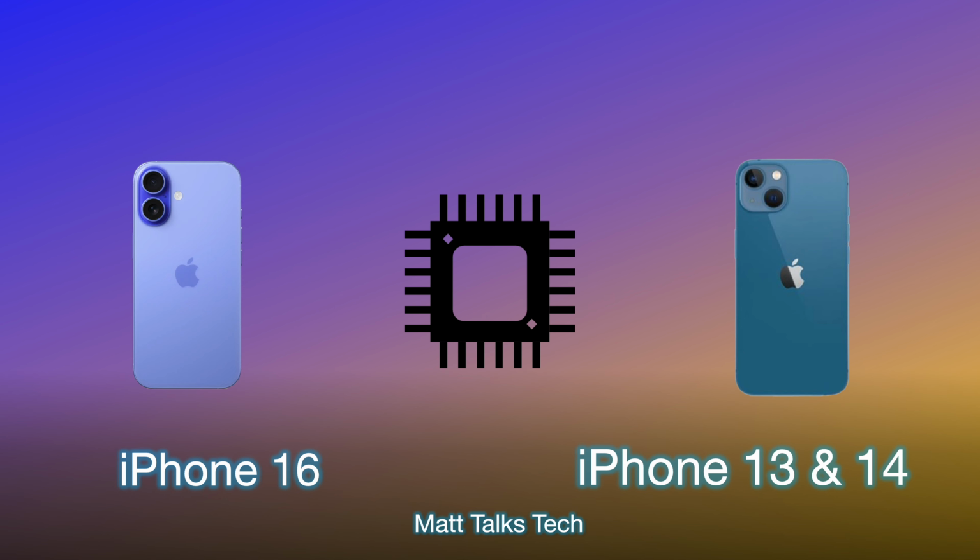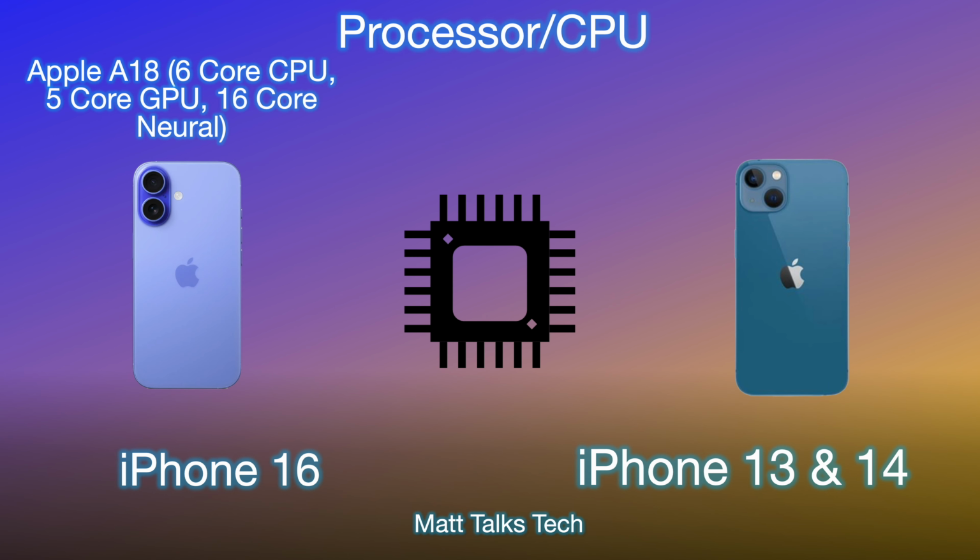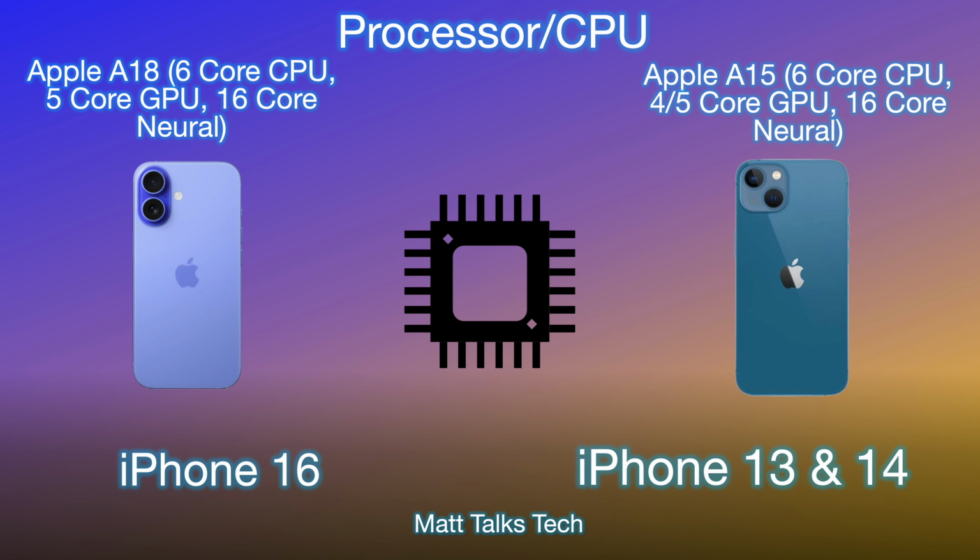Moving over to the processor and CPU, things are a bit different here. With the iPhone 16 and 16 Plus, we have the new A18, and this is made out of a 6-core CPU. We've also got a 5-core GPU and a 16-core neural engine inside of here. But for the older iPhone 13 and iPhone 14, this is a bit confusing. We actually got almost the same chip put inside them.